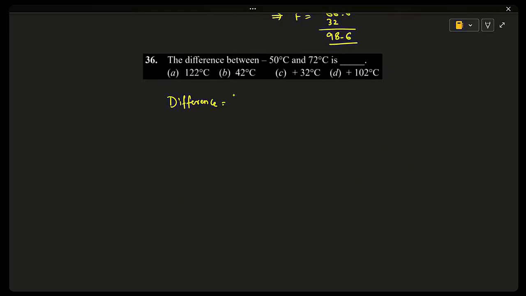We have to subtract the smaller one from the bigger one. Comparing these two, minus 50 and 72, definitely 72 is the bigger one. From 72, we have to subtract minus 50. Minus of minus becomes plus. 72 plus 50 is 122 degrees Celsius. That is option A. So difference means always the bigger minus the smaller.